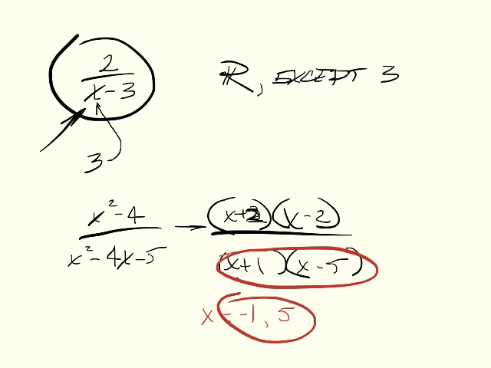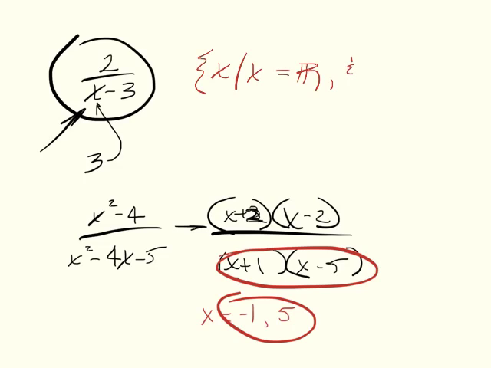Okay, so I was talking about symbols for this. Let's go ahead and write the symbol for the answer for this one right here. And this is what it looks like. Let's do it here in red. The set of all x, such that x is a real number and x is not equal to negative 1 and 5.